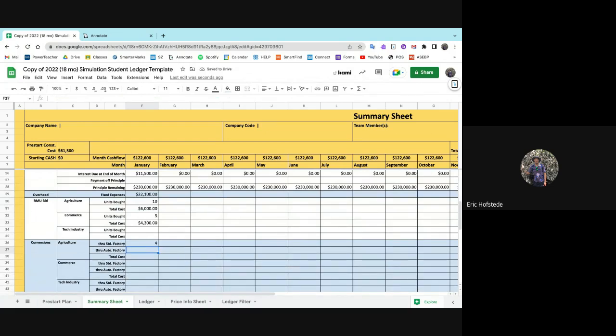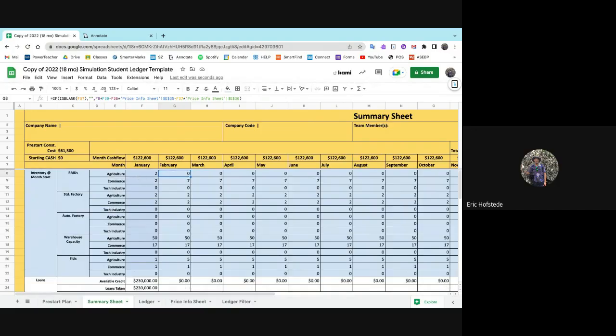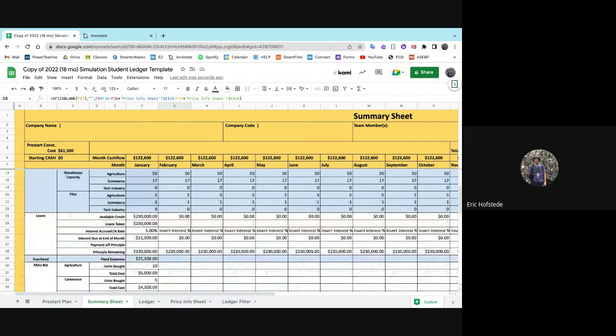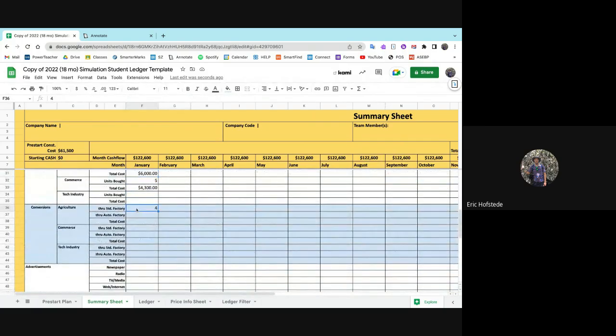Just my maximum capacity, I'm 100% efficiency. It also means that I used up all of my RMUs for this month. So if I wanted to do any more agriculture conversions the next month, I would need to buy some more in the bidding. All right, so that now means I have 4 FIUs of agriculture, no RMUs.